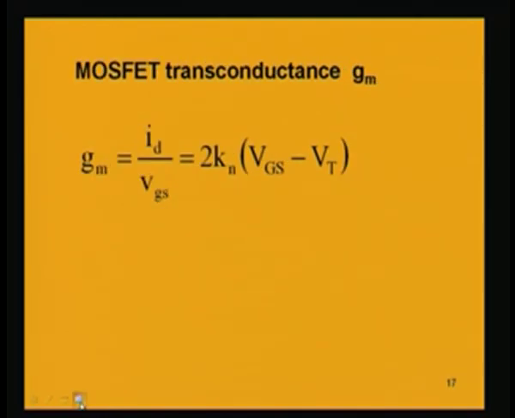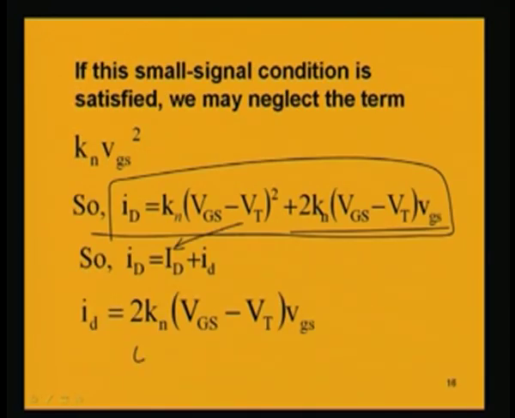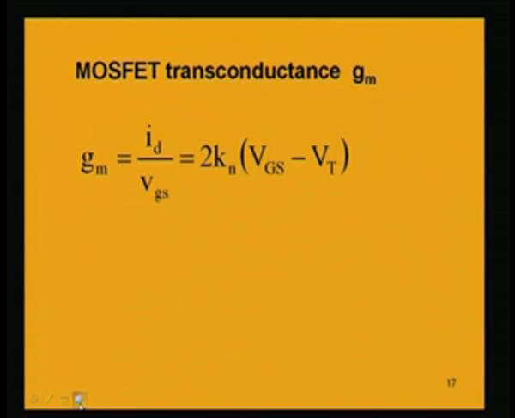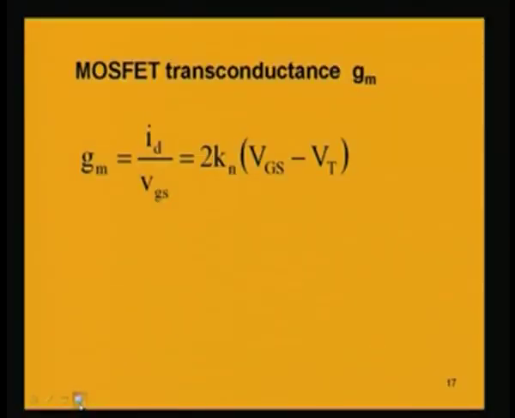Now, going one step further, if we find the ratio between small id and small vgs, that is equal to twice Kn VGS minus Vt, and that signifies an important parameter known as the MOSFET transconductance, denoted by small g small m. So the MOSFET transconductance g m is given by small id by small vgs, which is equal to twice Kn capital VGS minus Vt, where Kn is the fabrication constant for the MOSFET device, this is the DC gate to source voltage, and Vt is the threshold voltage.